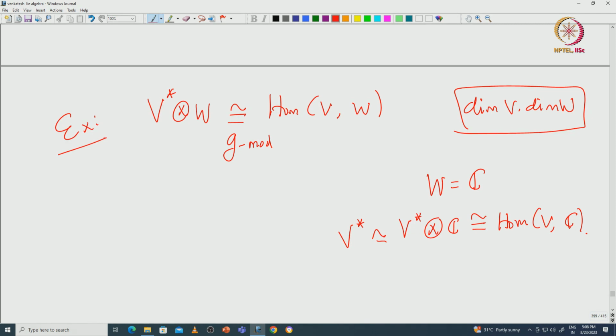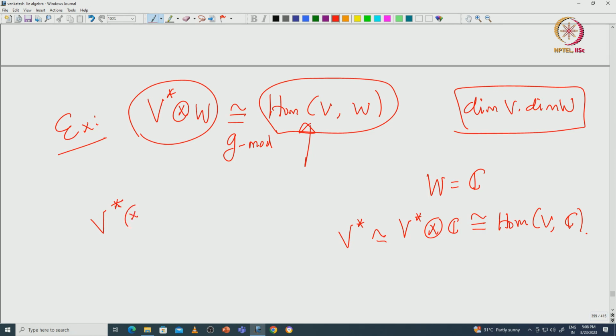Once you figure out how to define the G action here, you can see that the G action on this Hom space comes from the G action on V star tensor W, because you already have a G action on V star and you have defined a G action on W. Using this natural isomorphism between the two spaces, one can define the G action on Hom(V, W).